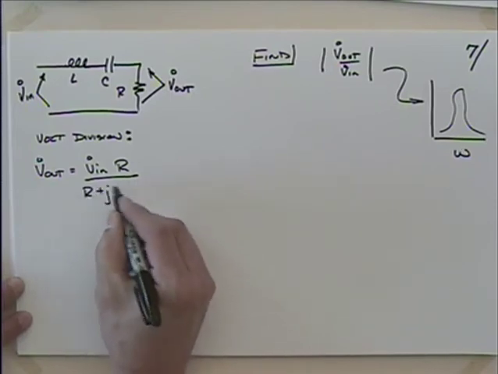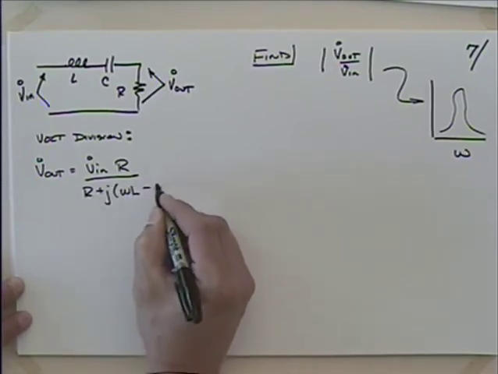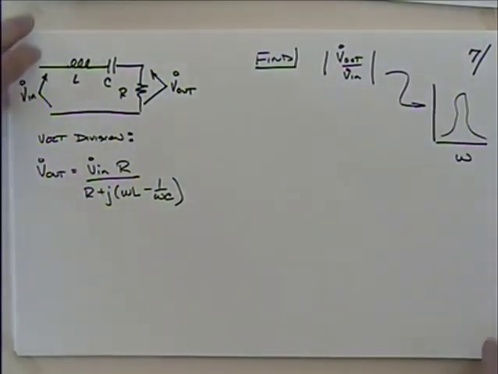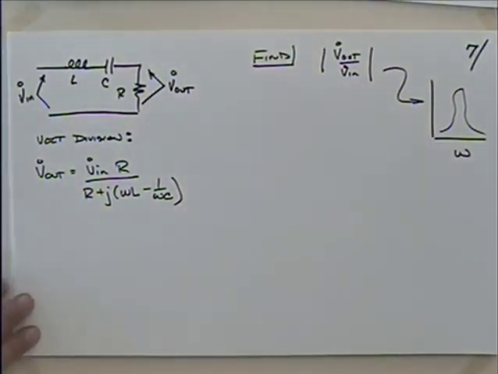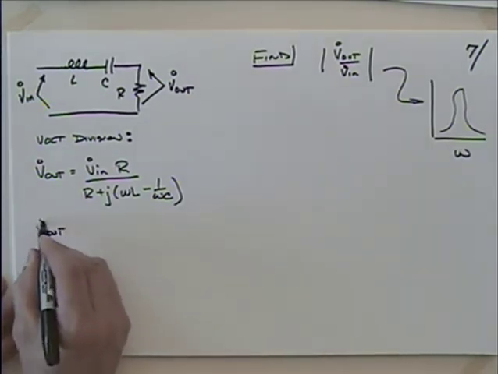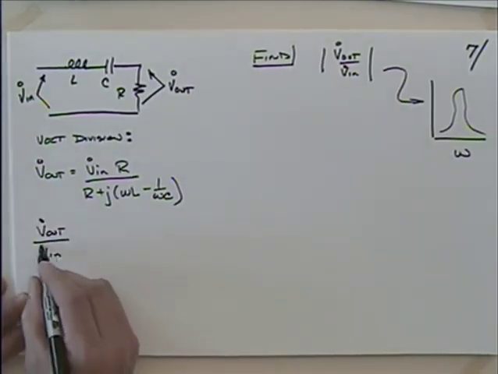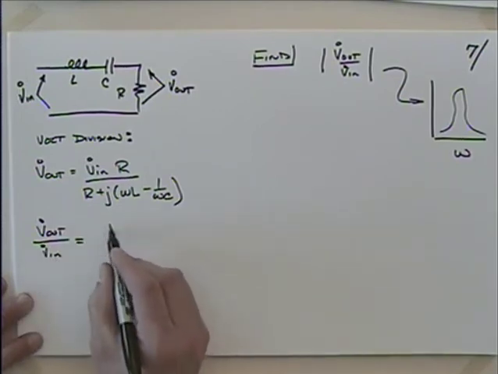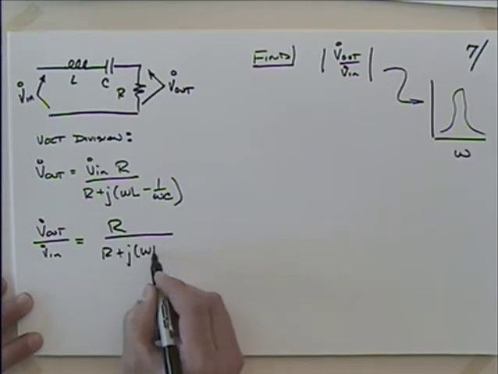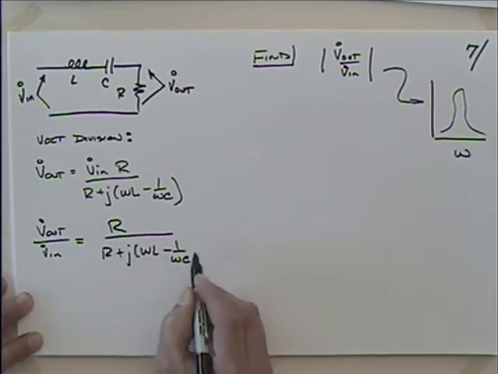R plus J times omega L minus 1 over omega C, right? So then we could say that V out over V in would be equal to R divided by R plus J times omega L minus 1 over omega C.